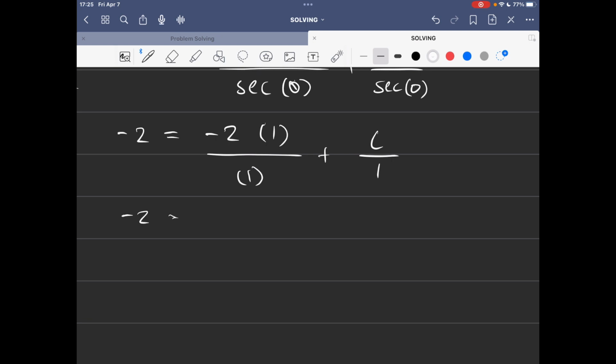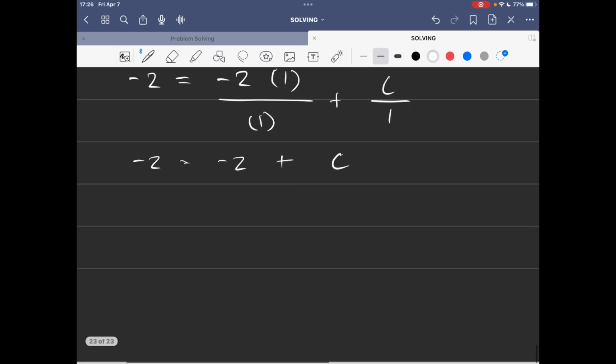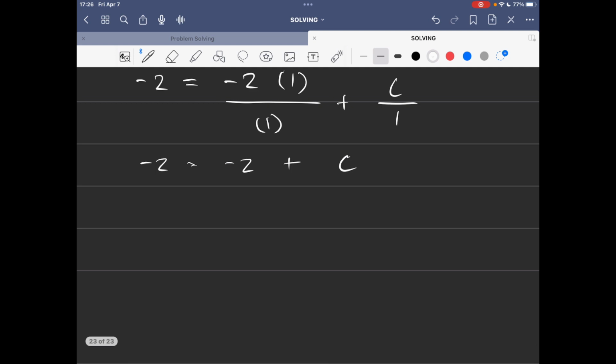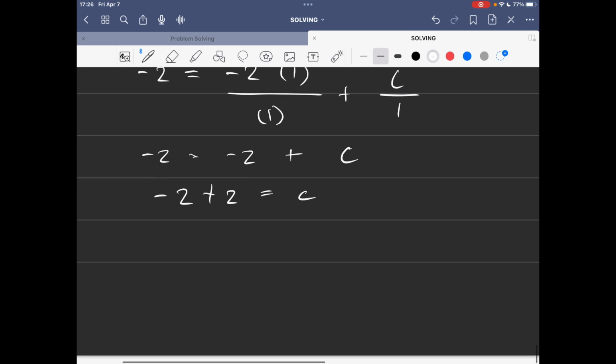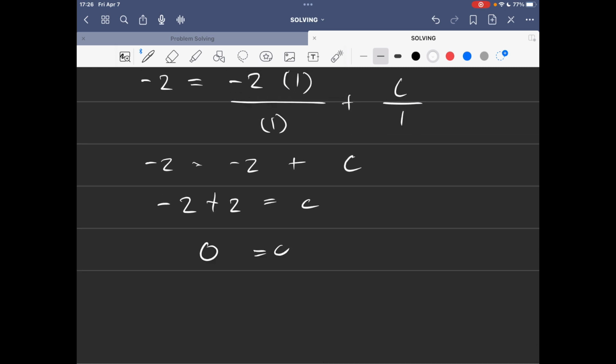Negative 2 times 1 is negative 2, over 1 is still negative 2, plus c over 1 is c. Then we transfer negative 2 to the other side, so we get negative 2 plus 2 is equal to c, and that results to 0 is equal to c.